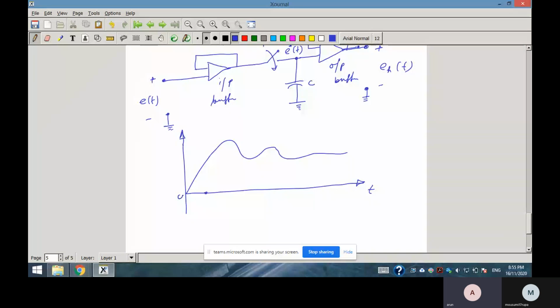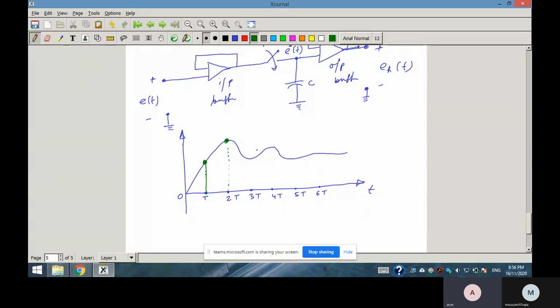Suppose this is 0, this is T, this is 2T, this is 3T, and so on, 4T, 5T, 6T, and so on. So what will be your E star T? This dot is your E star T. So at 2T, E star T will give you this value.